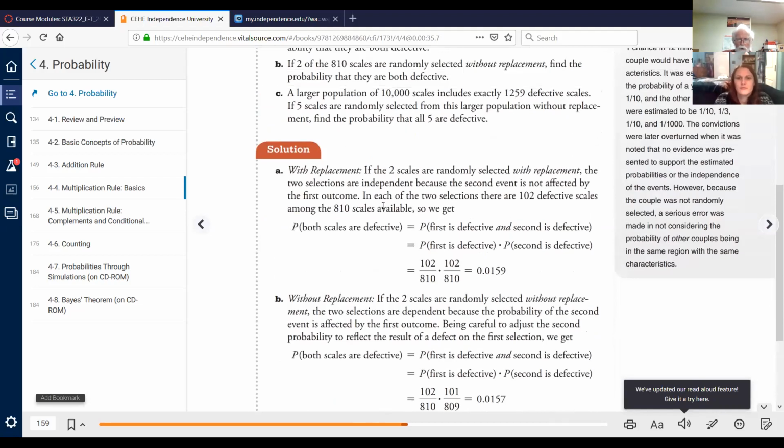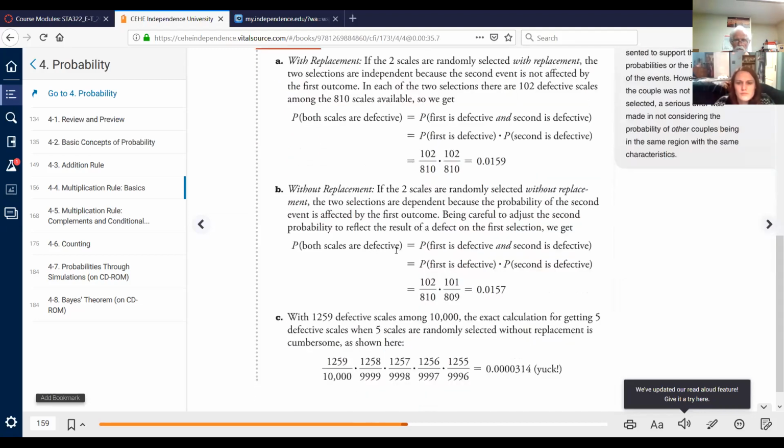The chance that both of them with replacement are going to be defective is 102 out of 810 times, again, 102 out of 810. So we get a probability of 1.59%, whereas if we don't replace it, it drops to 1.57%.